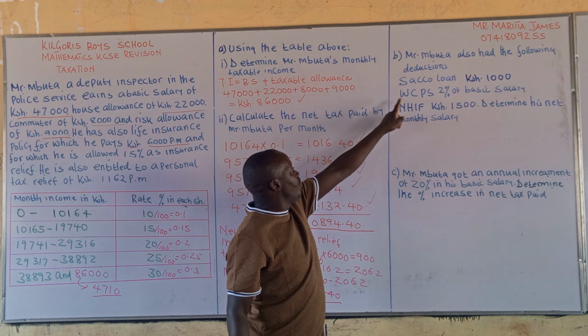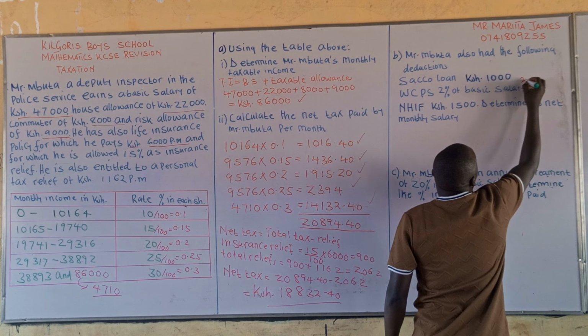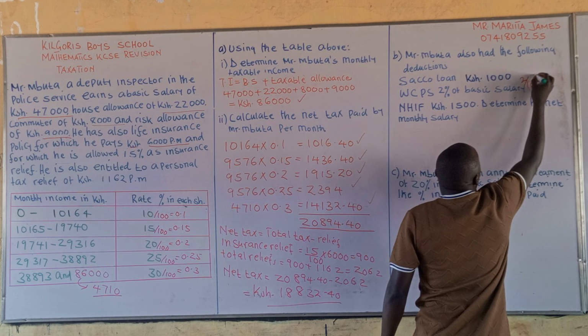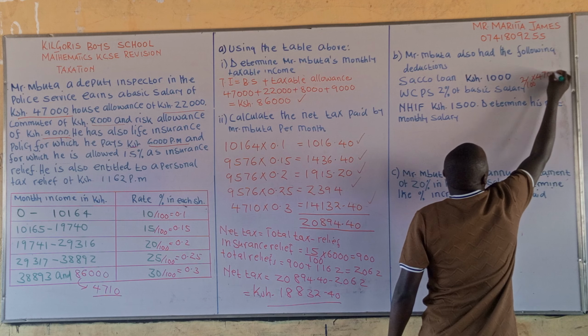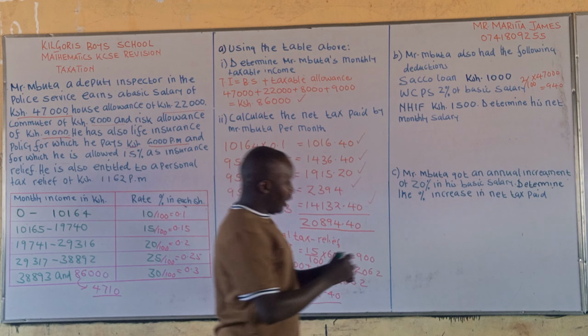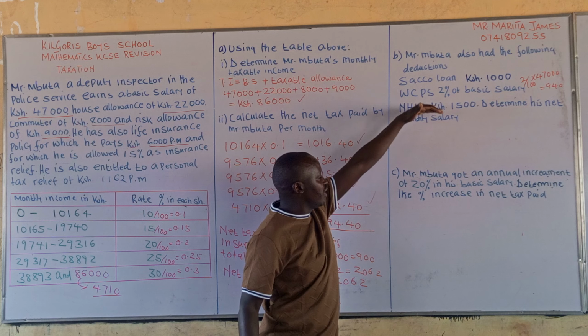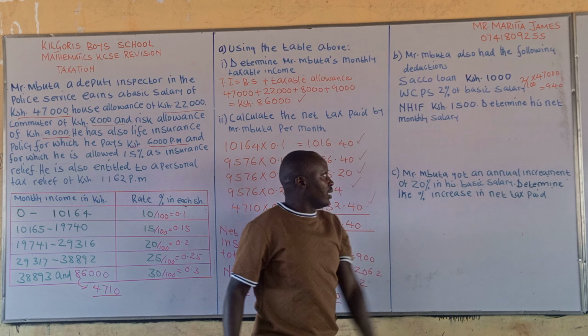We have WCPS at 2% of the basic salary. Our basic salary is just 47,000, so this is equivalent to 940. Then we have the NHF of Kenya shillings 1,500 per month.